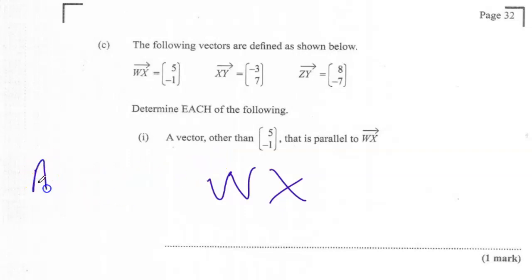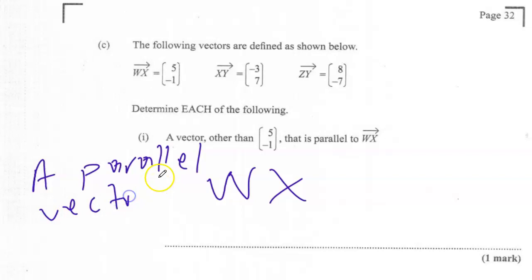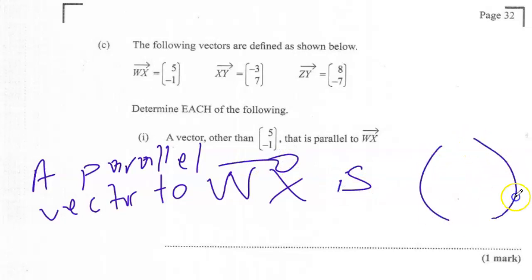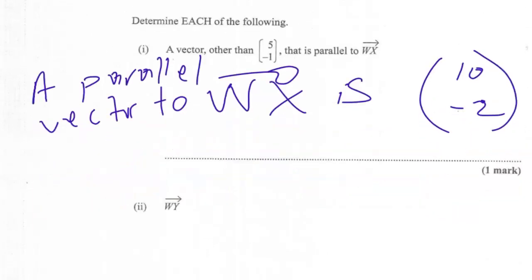A parallel vector to WX is, you can multiply WX by any constant. Let me multiply by a simple number, 2. 2 times 5, that's 10. 2 times minus 1, that's minus 2. Or any other constant. So 10, negative 2 is a parallel vector to 5, negative 1.